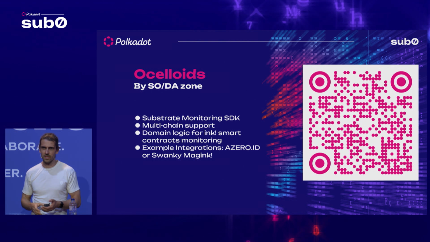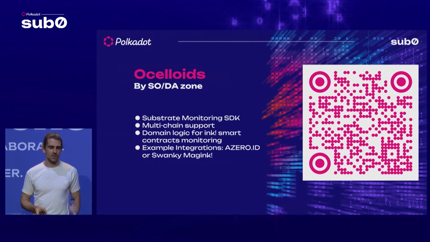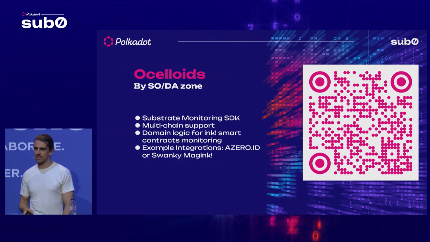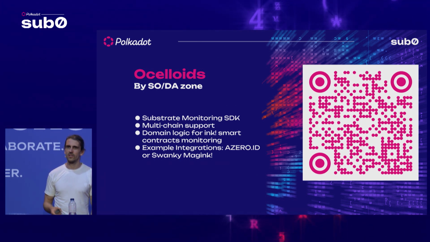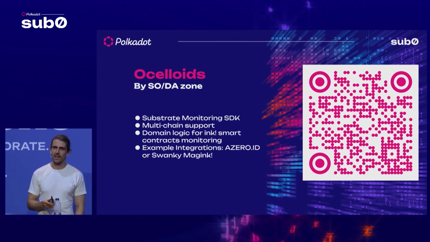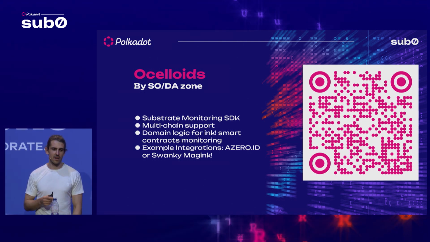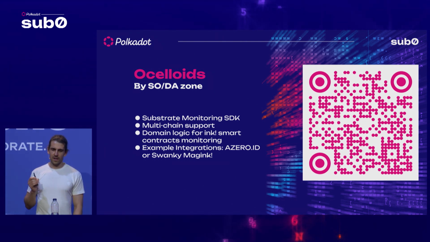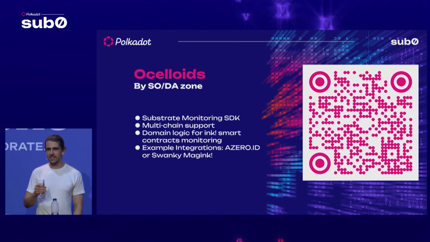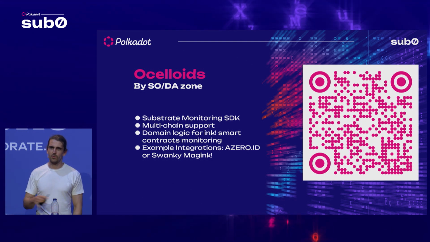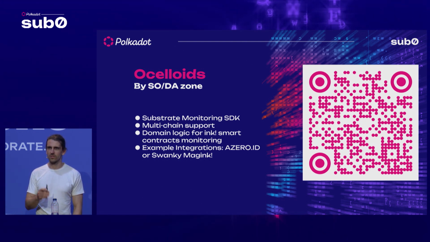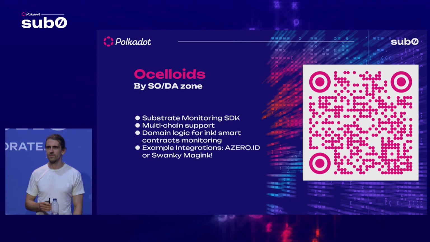Better. All right. So one other project is this monitoring SDK. We actually supported it yesterday with another grant, and it allows you to monitor assets that are released on the Asset Hub between different parachains, also the cross-chain message transfers.